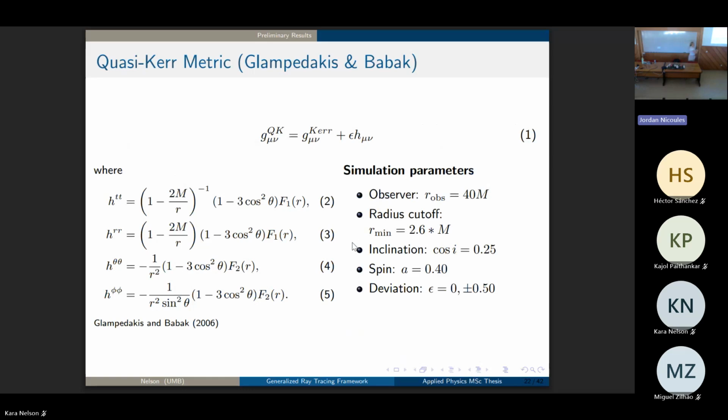We set up the parameters exactly the same as Johannsen, so we could easily compare our results. This metric works for non-extremal spins, so we did spin equals 0.4, and a non-equatorial, edge-on observer information table.